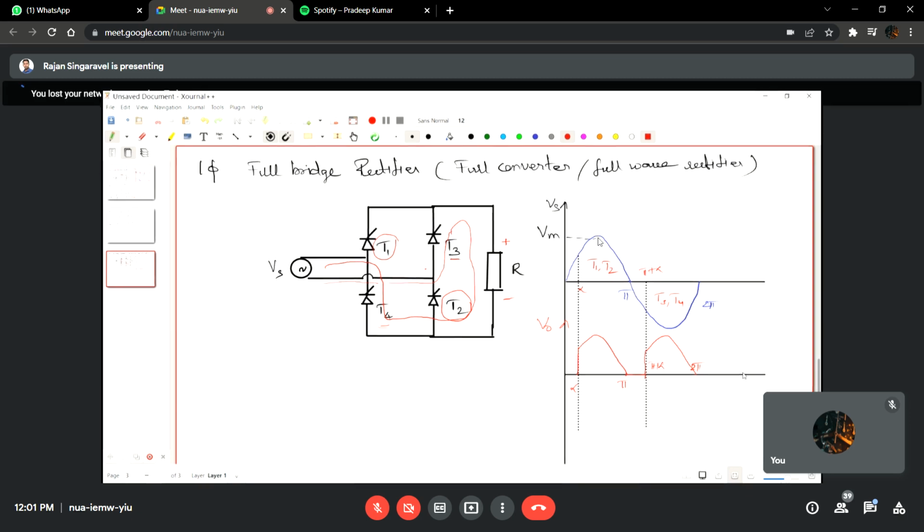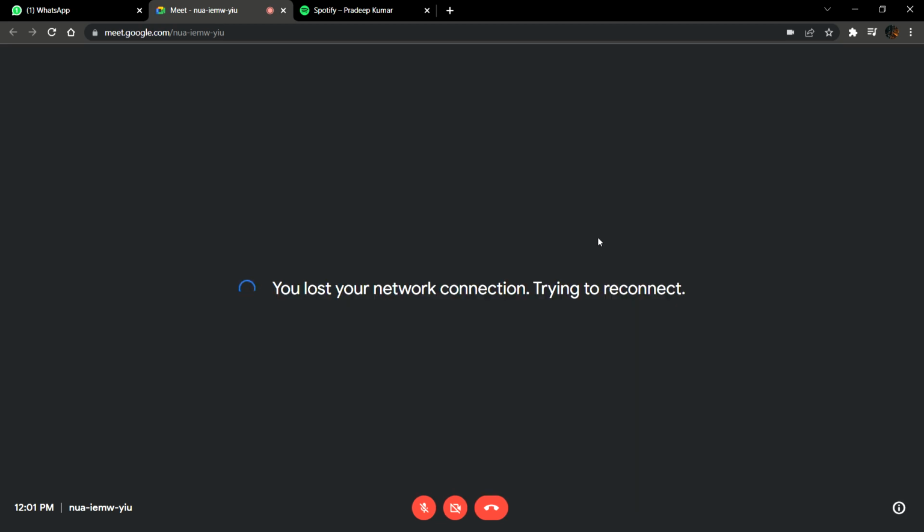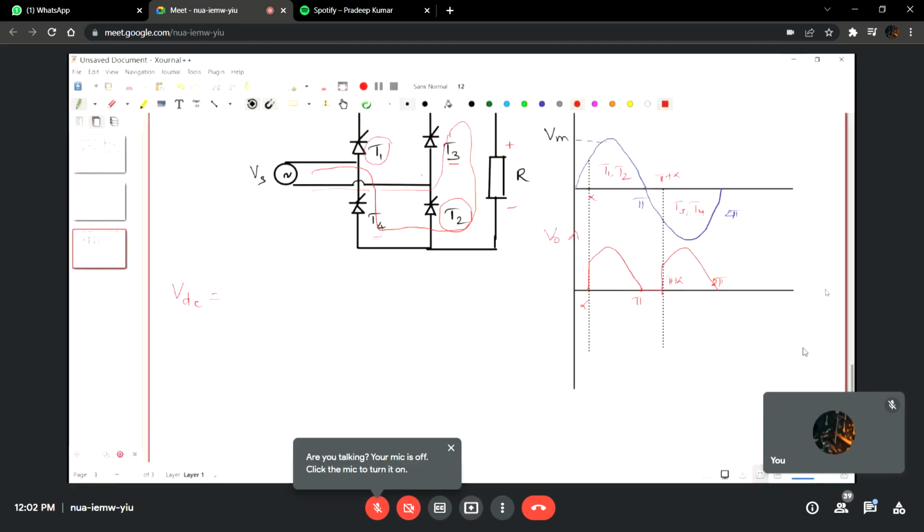So, and if we see the output voltage, I think now we can write the average. There is no change, the same throughout the operation of the full wave converter.